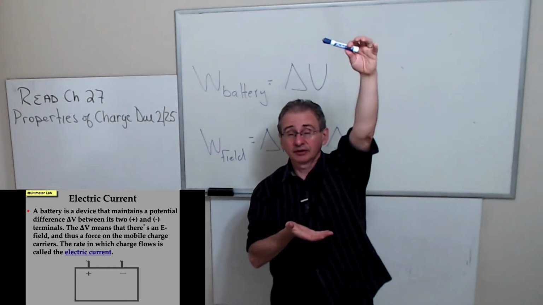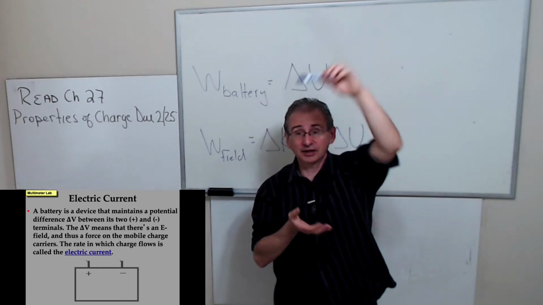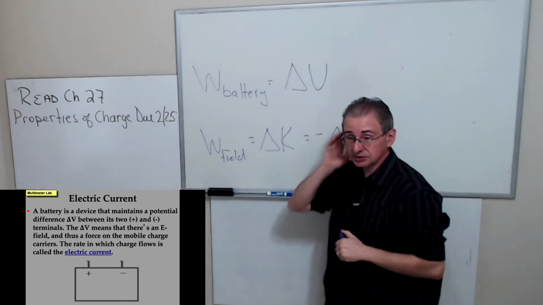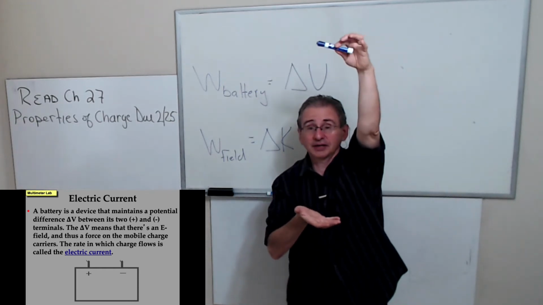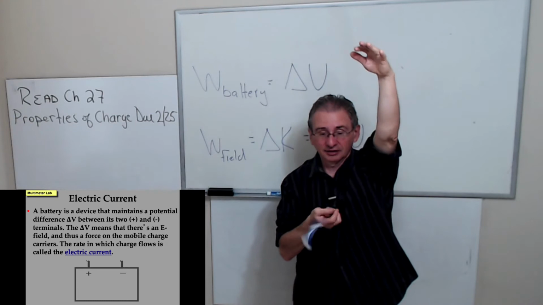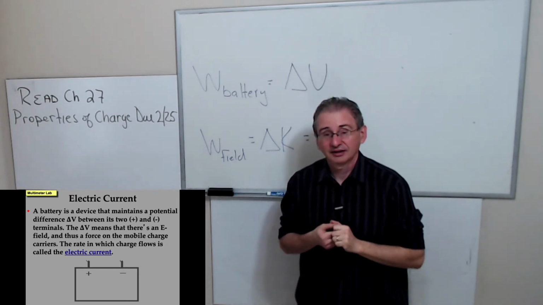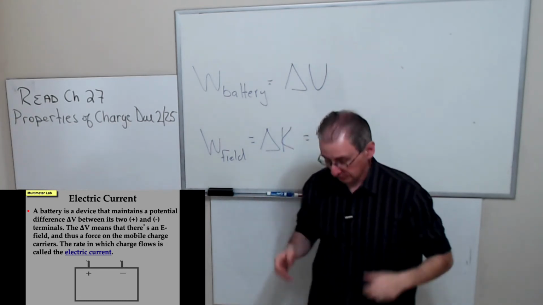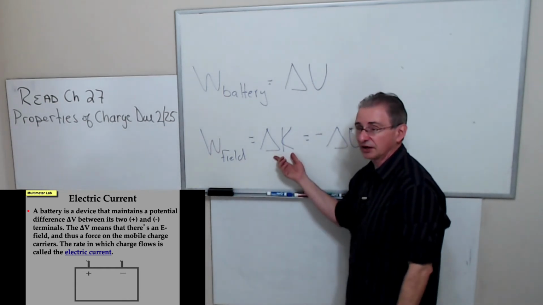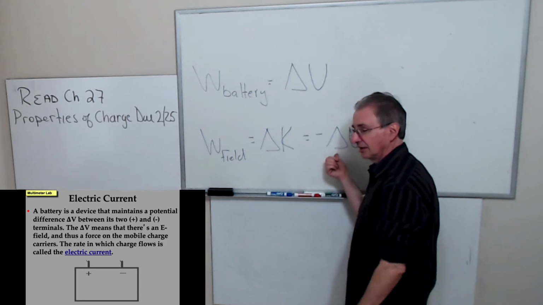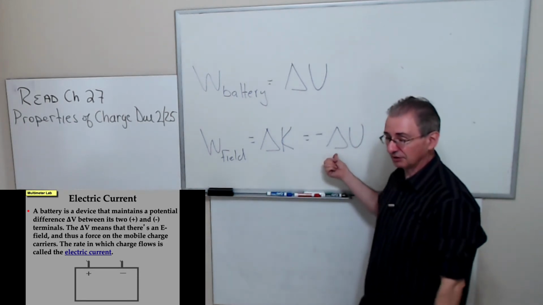I give the marker potential energy, the battery gives the electrons potential energy, and then the gravitational field does work when I let go of the marker. The electric field does work on the electrons, giving them kinetic energy because the potential energy decreases.